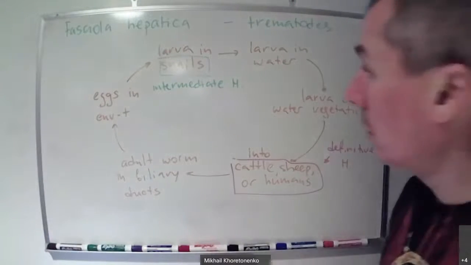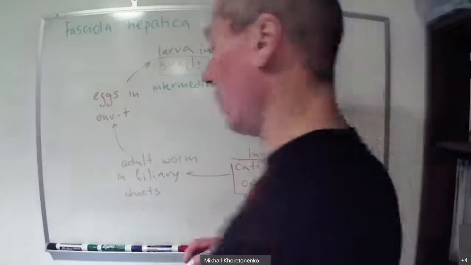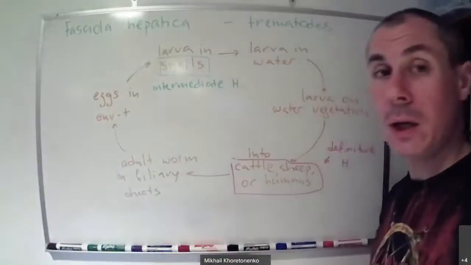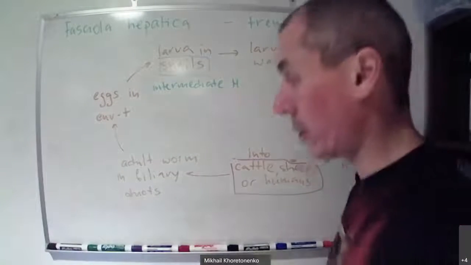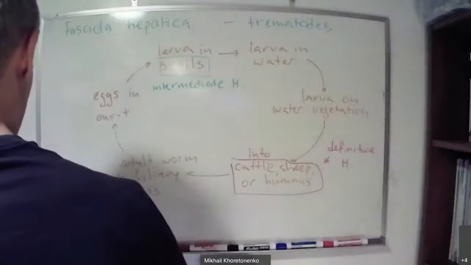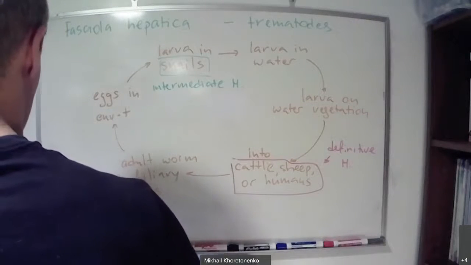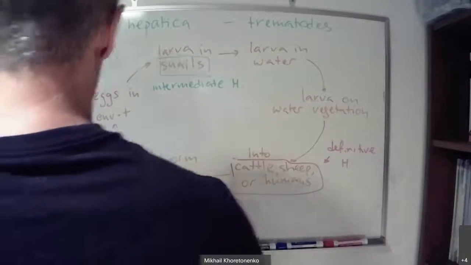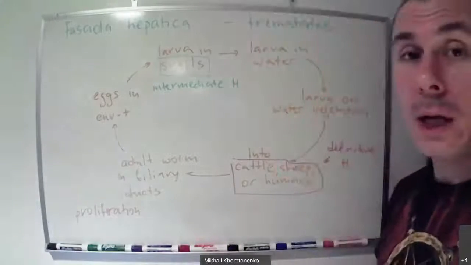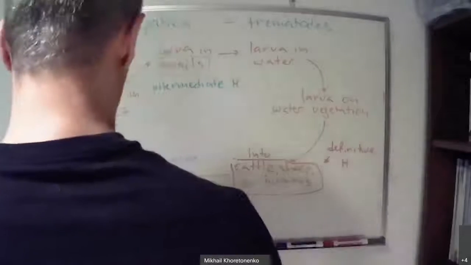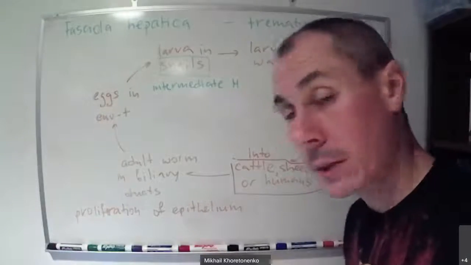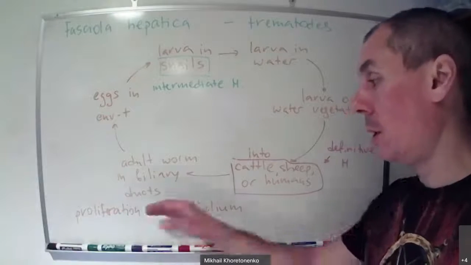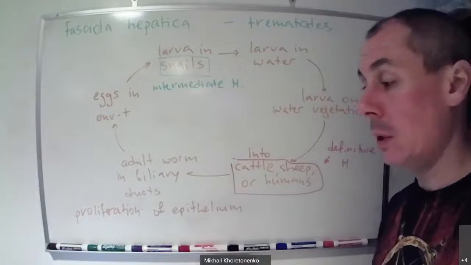Turns out that Fasciola hepatica feeds on the biliary epithelium, the epithelium in the biliary ducts and in the gallbladder. So this worm is essentially a farmer. This worm produces chemicals that stimulate the growth of gallbladder epithelium.